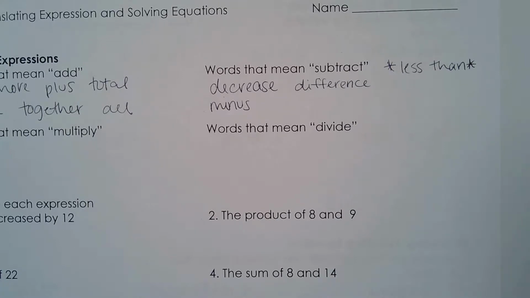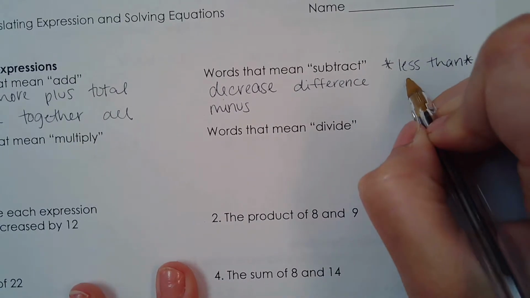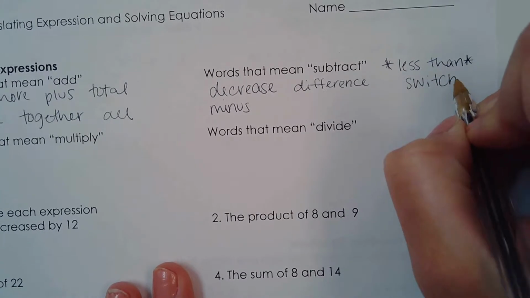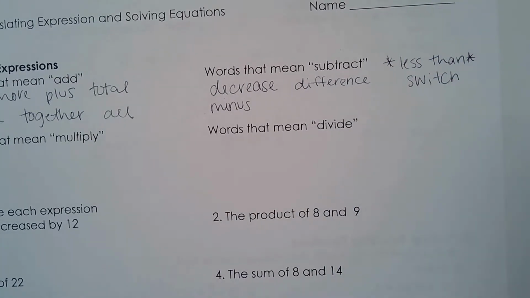No. How's it supposed to be? x minus 2, right? So that less than phrase tells you to flip the order. That's a red flag. You need to remember it because you're probably going to forget. So I'm going to write switch there. S-W-I-T-C-H. I'm going to highlight that as well because it's a big one.